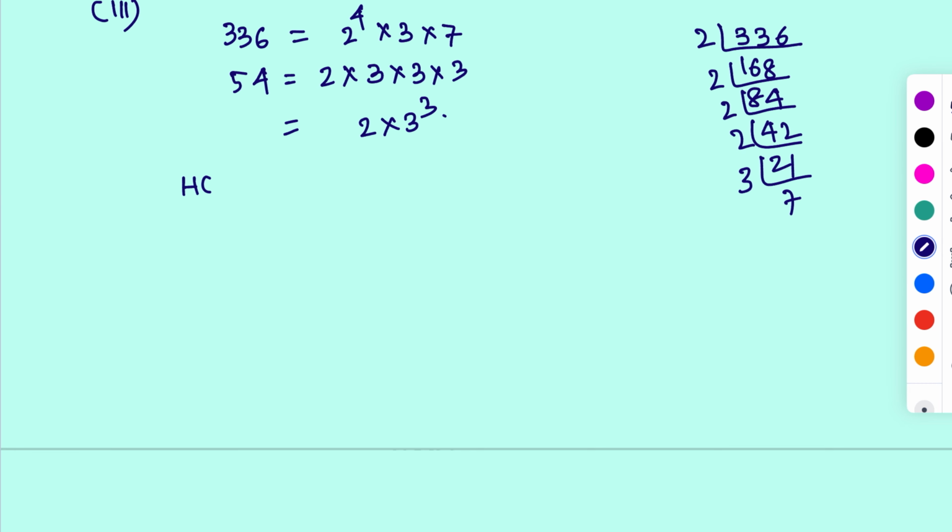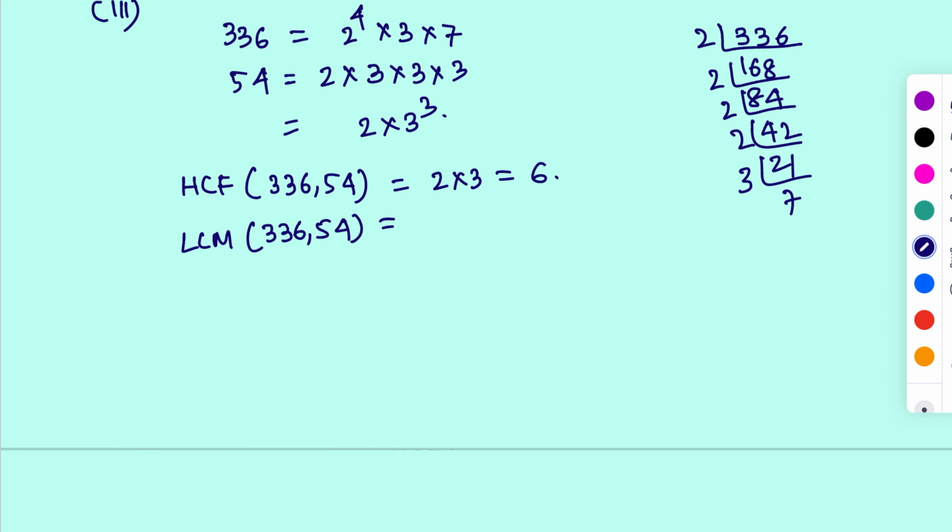Now HCF of 336 and 54 will be equal to 2 into 3, that is equal to 6. What about LCM? LCM of these two numbers will be equal to 2 to the power 4, 3 to the power 3 into 7.